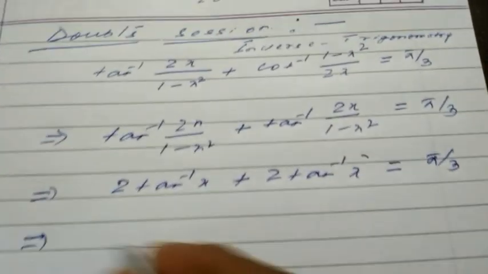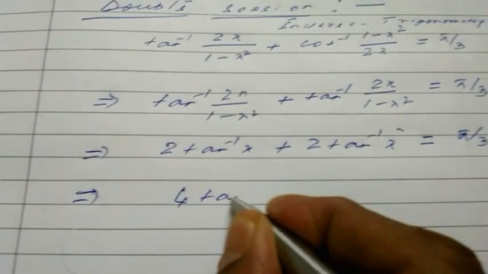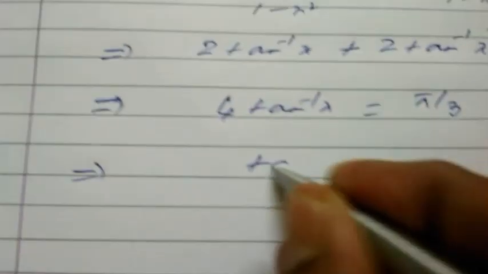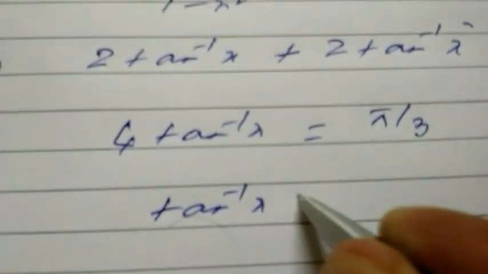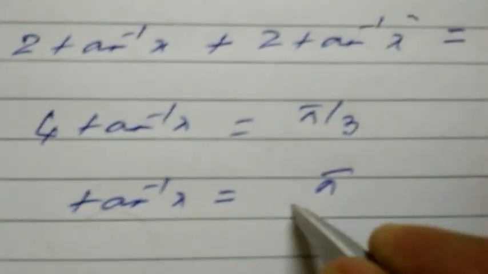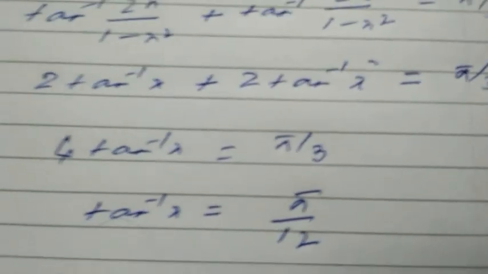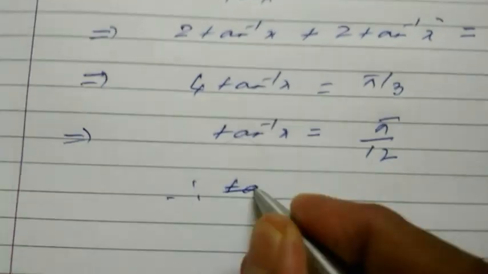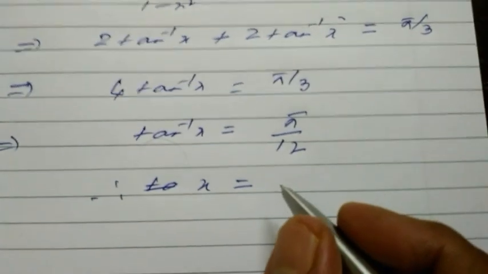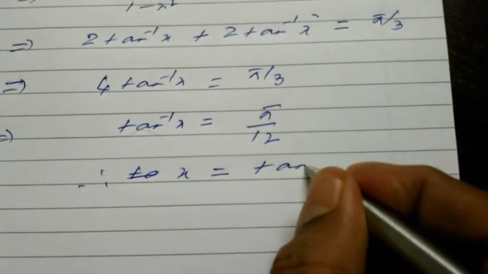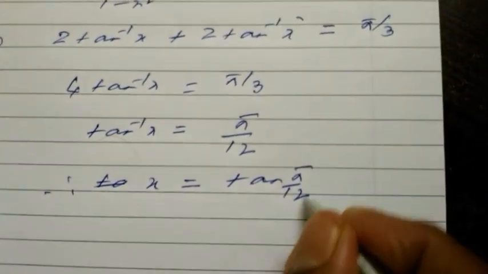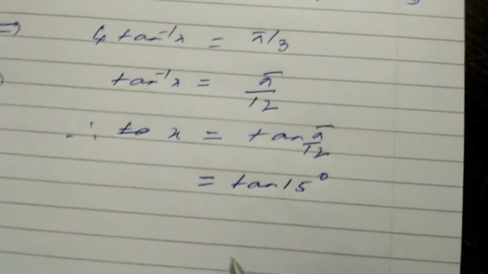Now clubbing both, it will be 4 tan inverse x is equal to pi by 3, so tan inverse x is pi by 12. Therefore x is equal to tan of pi by 12. Now pi by 12 is 15 degree, and this is very easy to get.